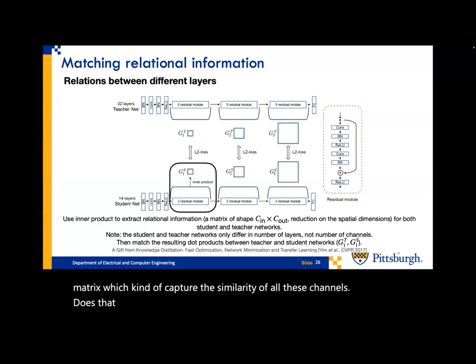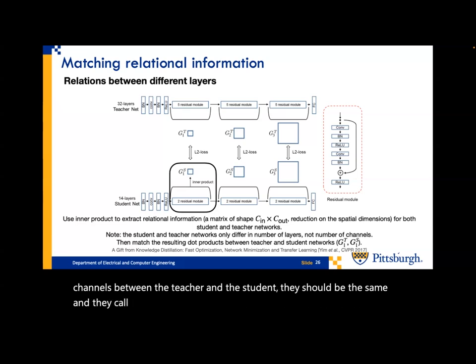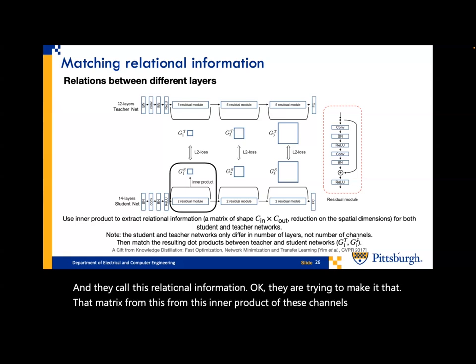The idea is that the similarity of the channels in the teacher and in the student should be the same, and they call this relational information. They are trying to make the matrix from the inner products of these channels as similar as possible.